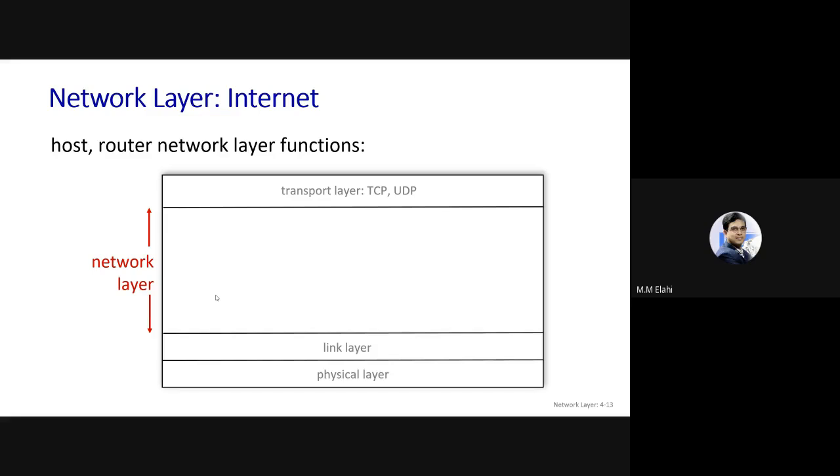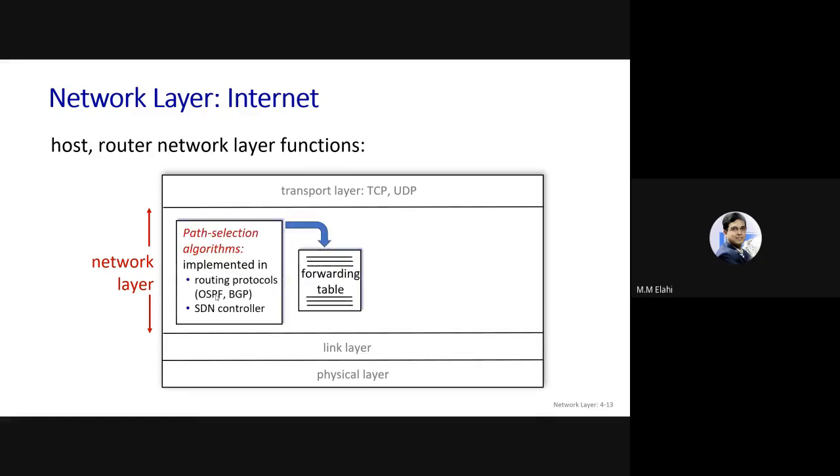Let us move forward to the other two theoretical concepts. Before going to the next concept, we have to know a little bit more about the network layer. As we said, the network layer's main responsibility is path selection, selecting a route, and the output is a forwarding table or a routing table.